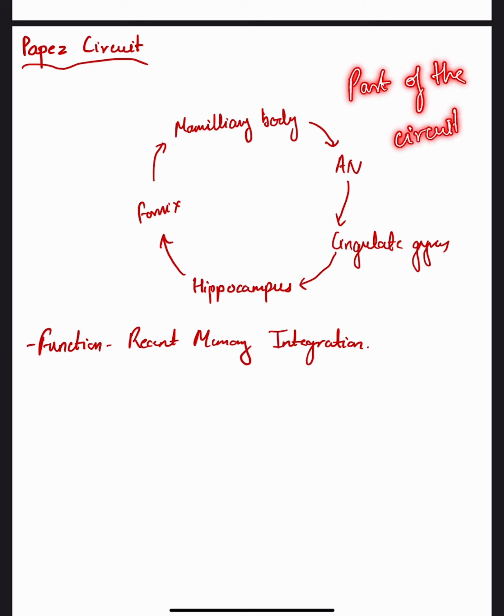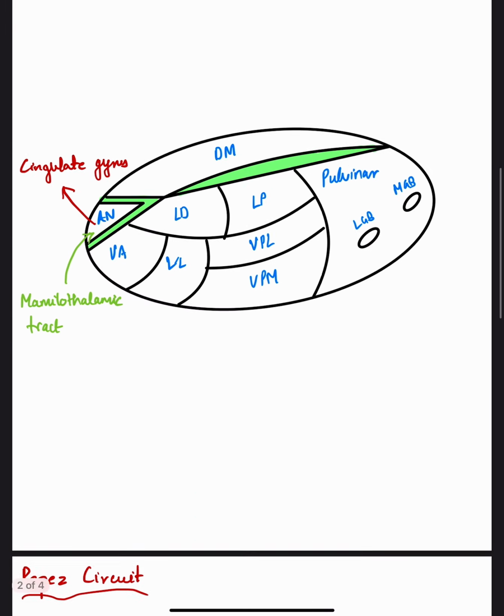Now we are going to see the circuit. It starts from the hippocampus and reaches the fornix, and via the fornix it reaches the mammillary body, and from the mammillary body to the anterior nucleus via the mammillothalamic tract. The efferent reaches the cingulate gyrus, and via the cingulate gyrus it reaches the hippocampus, thus completing the circuit, and its function is recent memory integration.